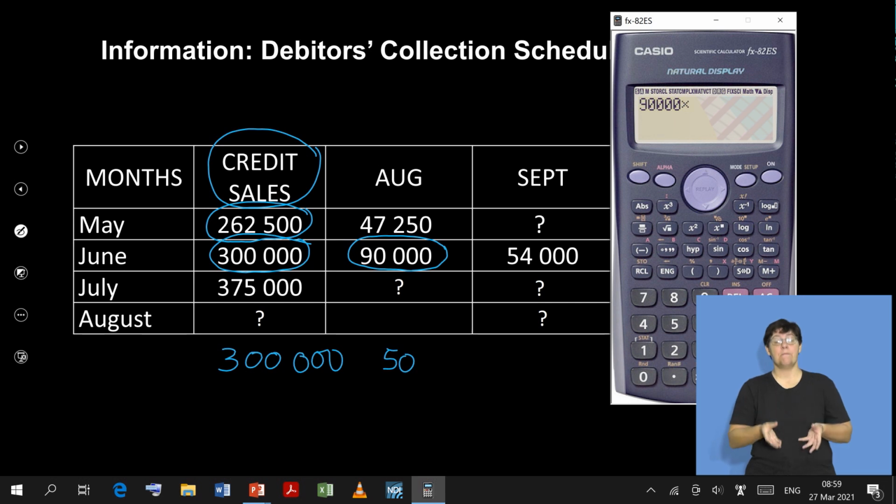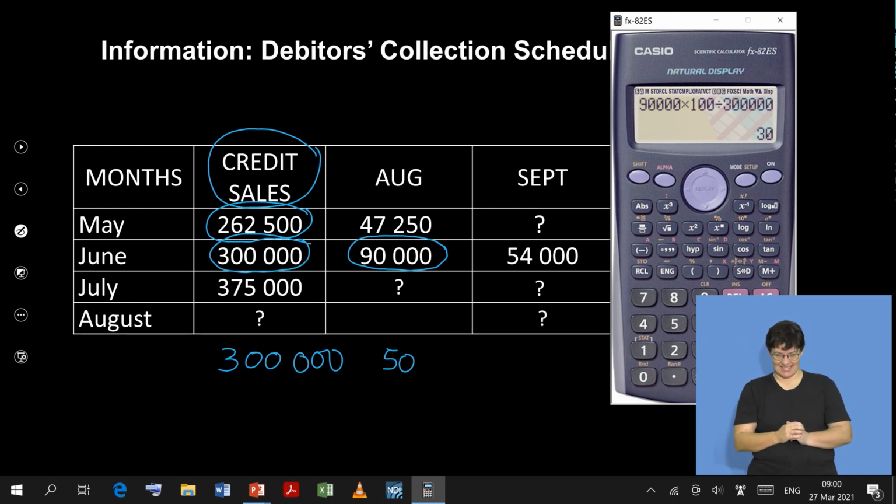So I take the 90,000 times 100 because I want to express this as a percentage, divided by the figure of 300,000, okay? And that will give me a percentage of 30%.